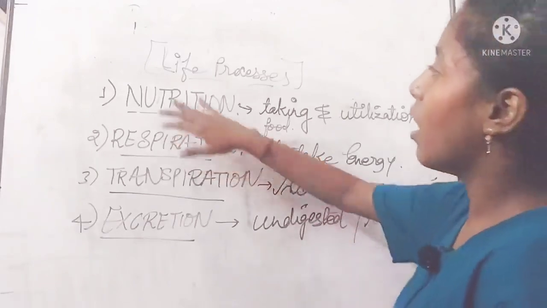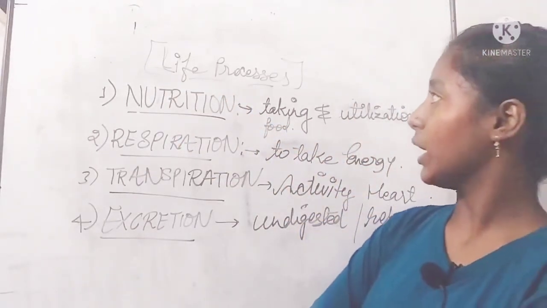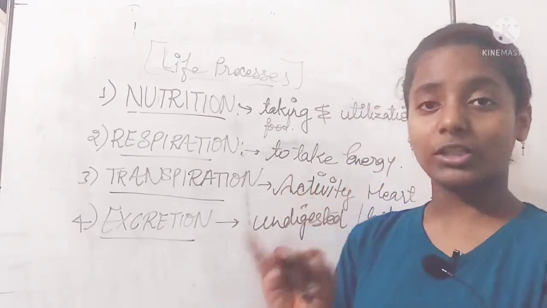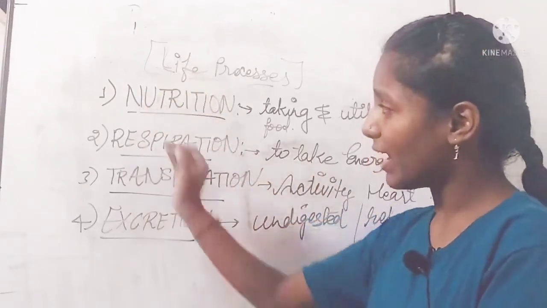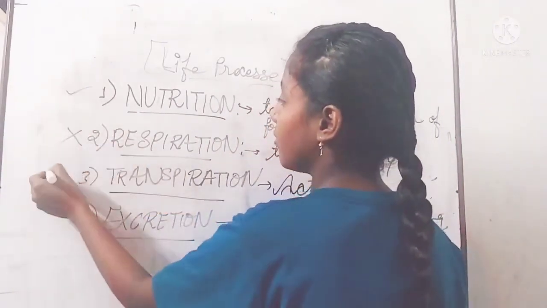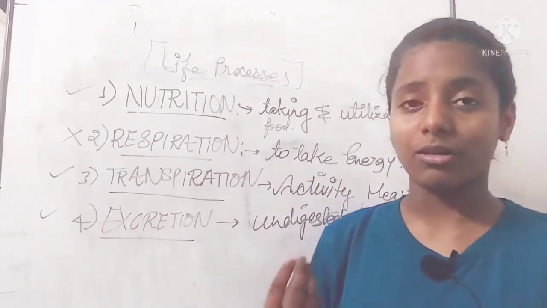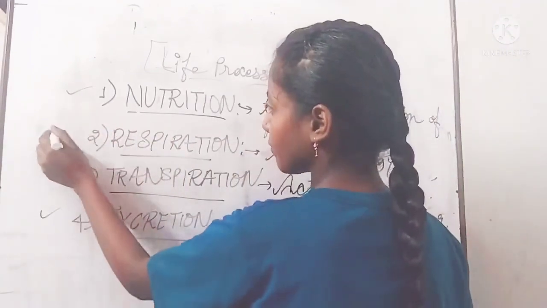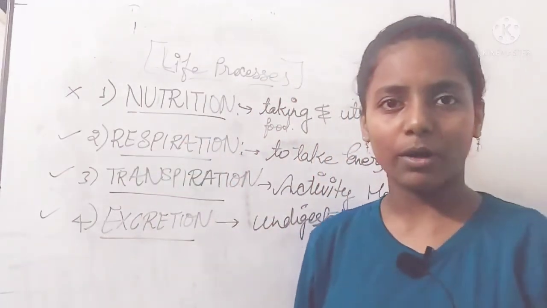Now see, we have talked about life processes. One thing I would like to clear here is that there are 4 types of life processes: nutrition, respiration, transpiration and excretion. If any one of these is absent, like respiration is absent and the other 3 are happening, will our body live? No. If respiration is on but nutrition is off, and we don't eat anything, will we be able to survive?